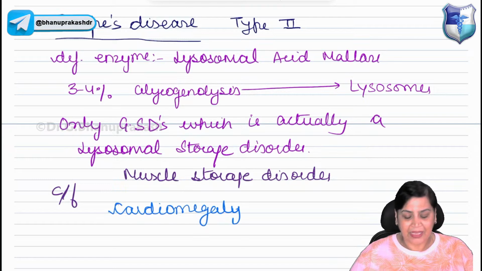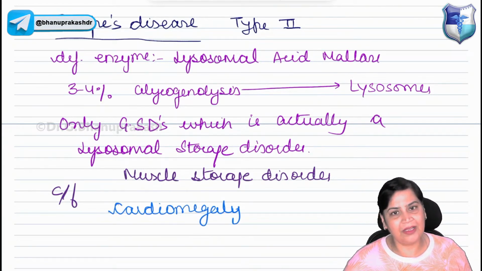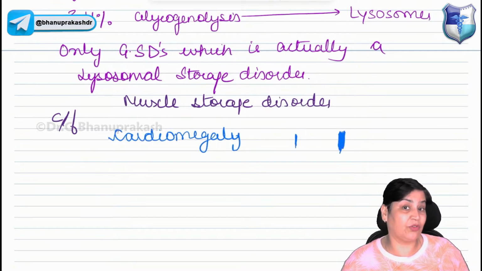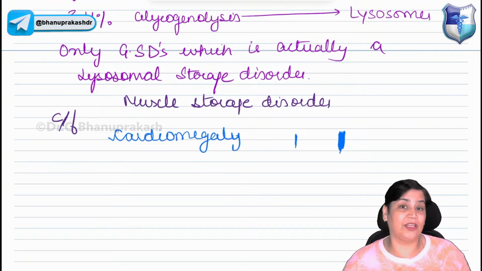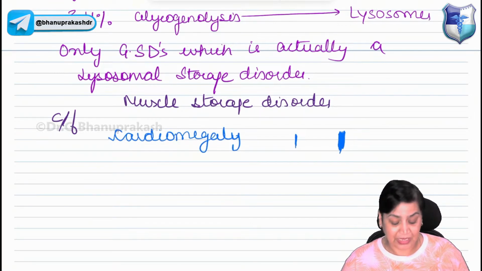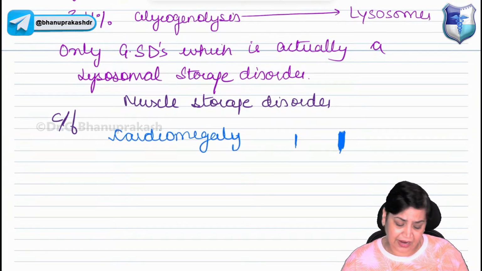It pumps blood. When it becomes so big, it is difficult to pump the blood. If the blood circulation decreases, how long can a person survive? The infant will survive maximum up to 2 years. After that, the infant will die.